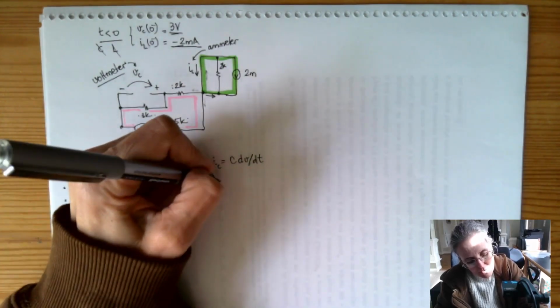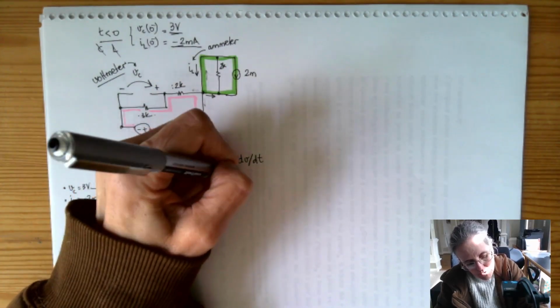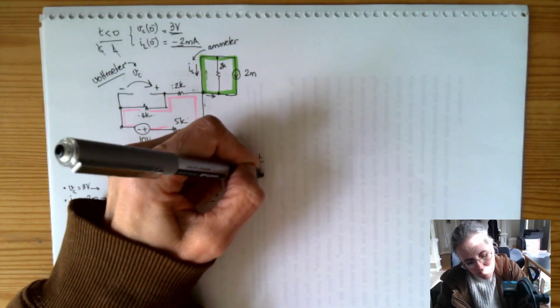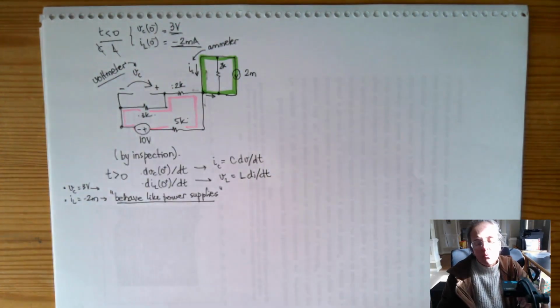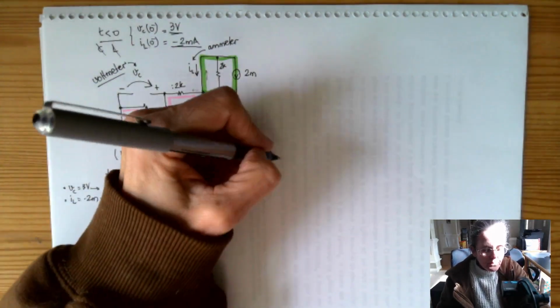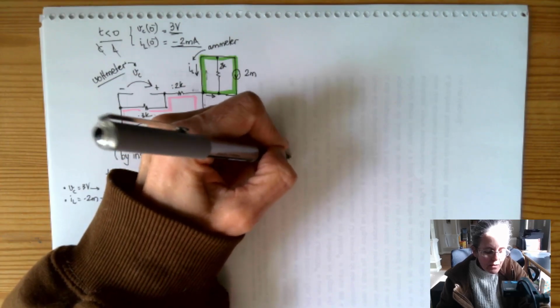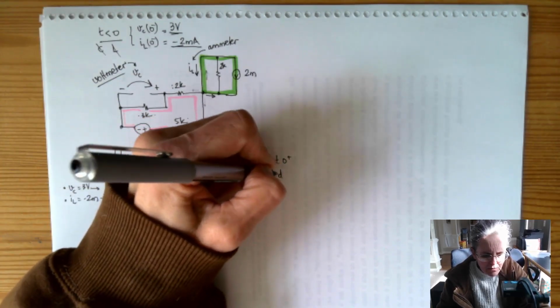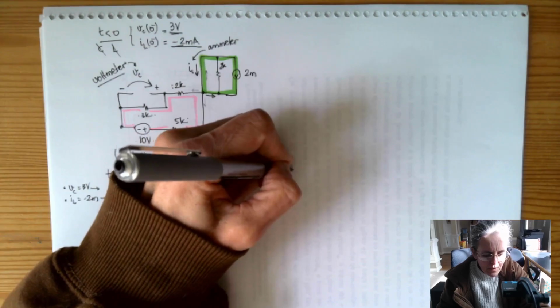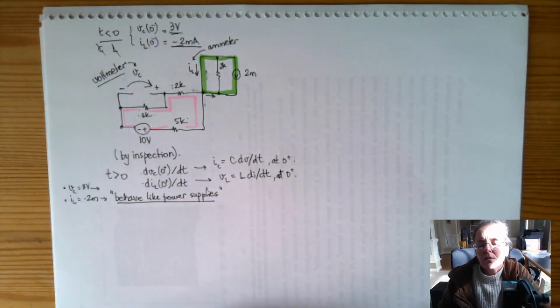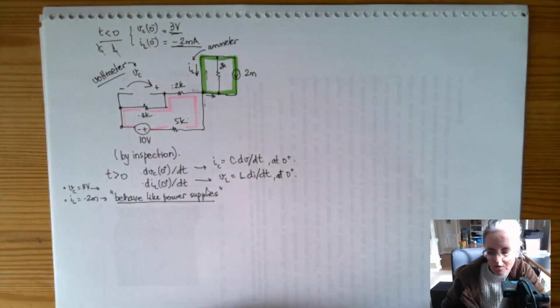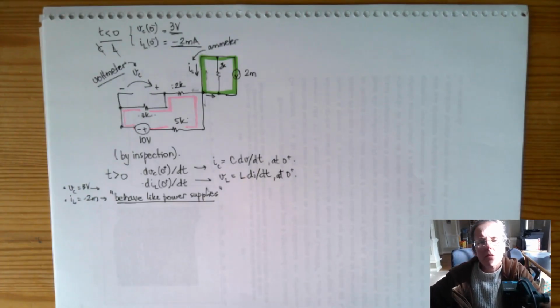And once I find the voltage across the inductor, I'm going to use L di dt to find, only at 0 plus, those two derivatives. So these are again two scalars that we want to find for t larger than 0, but we'll talk about that in the next video.